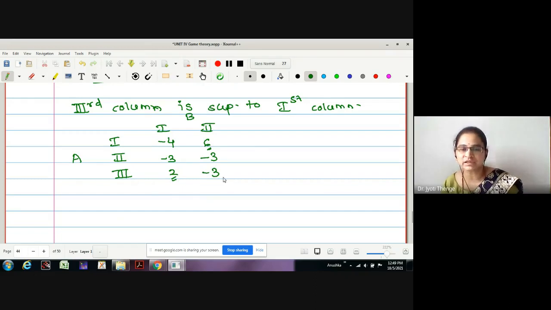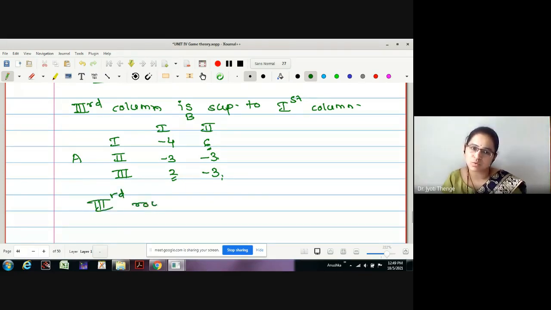What about 2, 3? If I compare the second row and third row, these two entries are the same, but 2 is greater than or equal to -3. Therefore, may I say the third row is superior to the second row? The third row is superior to the second row. Therefore, which is superior, which is inferior?